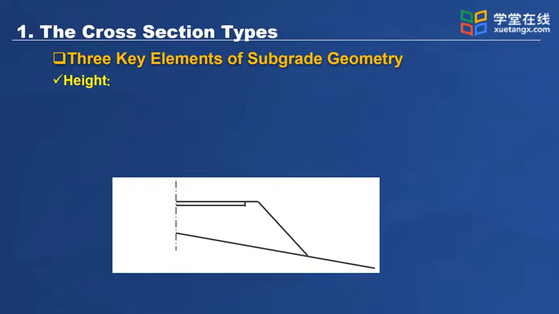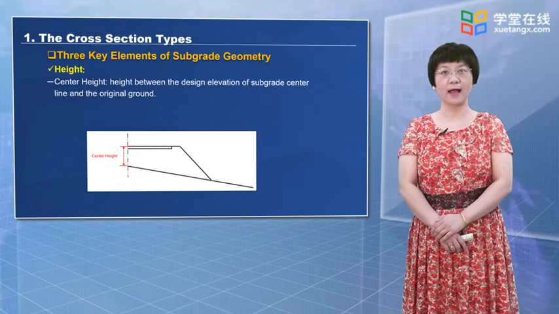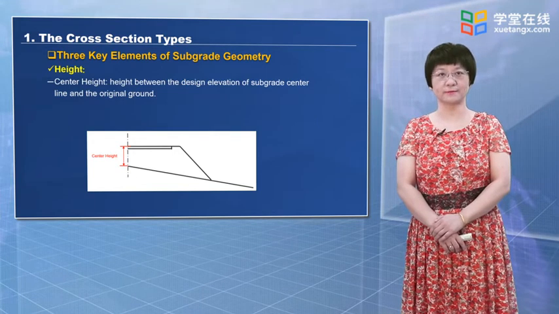The second, height. The subgrade height is the height of filling materials or the depth of excavation. Since the original ground may have a slope, the height at the road center is different from that at road edges. The center height and edge height should be distinguished.